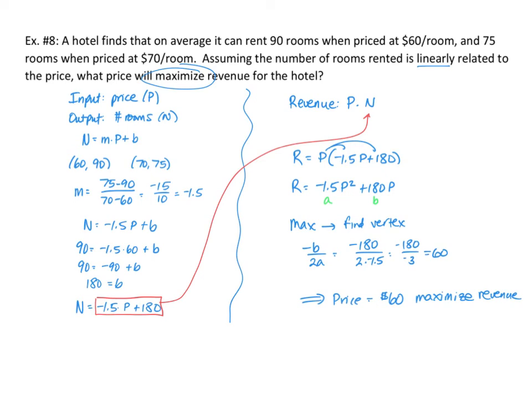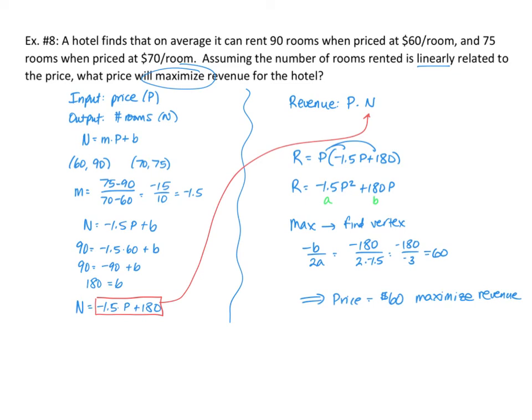If you take that value of P and plug it back into your revenue function, it will tell you the revenue that is made by selling rooms at $60 a piece. If you take that 60 and plug it into the linear function that we started with, it will tell us the number of rooms that corresponds to a price of $60. This happens to have been one of the values that we were given as our ordered pair, so we know that $60 corresponds to 90 rooms.